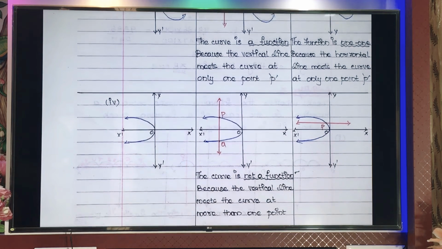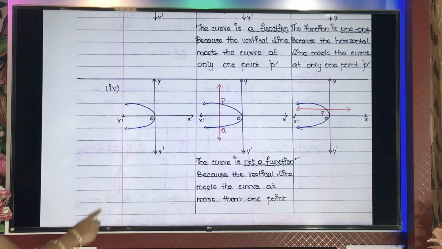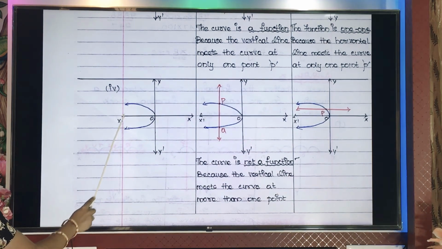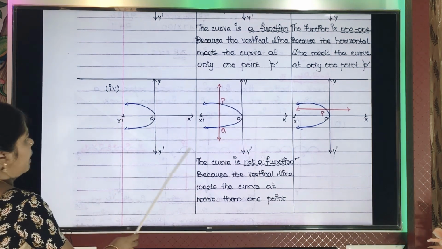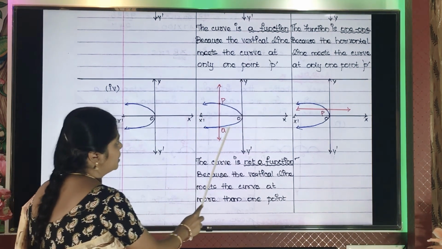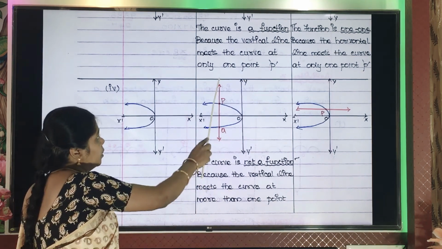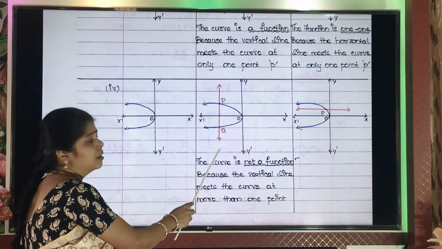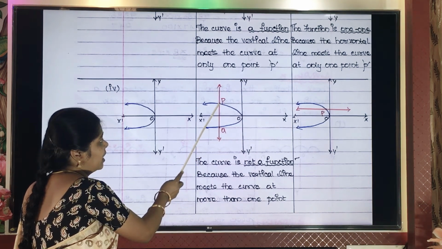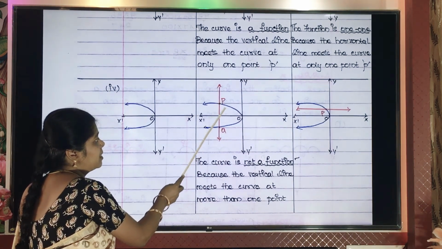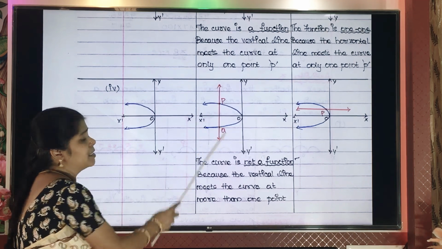Now, let us see the fourth one. Can you see a parabola? It is open towards your left hand side. Now draw the vertical line. Children, can you see the vertical line intersects the curve at how many places? Two places.